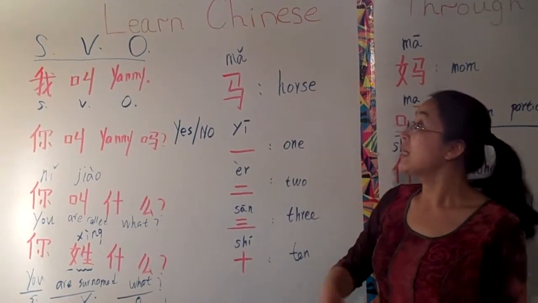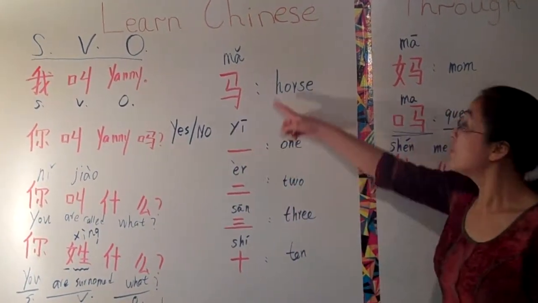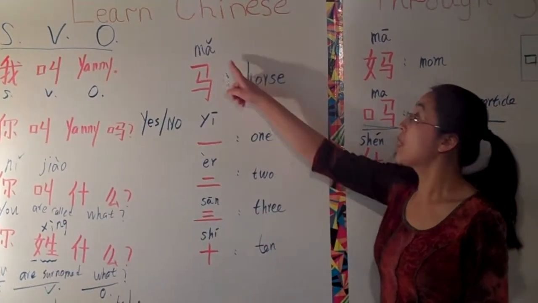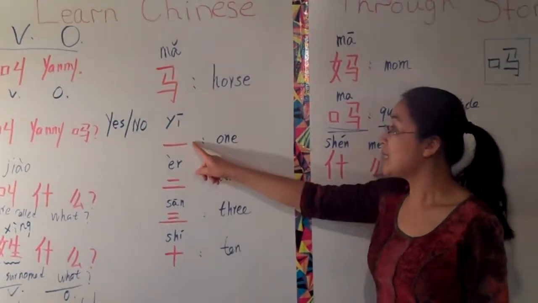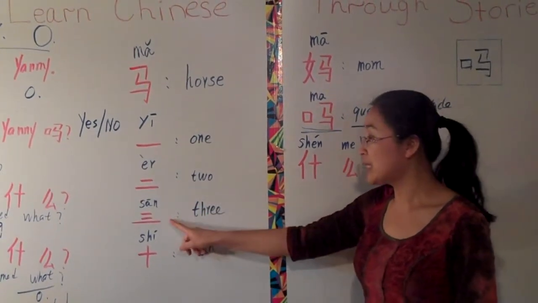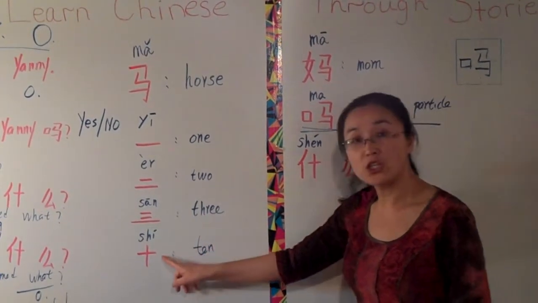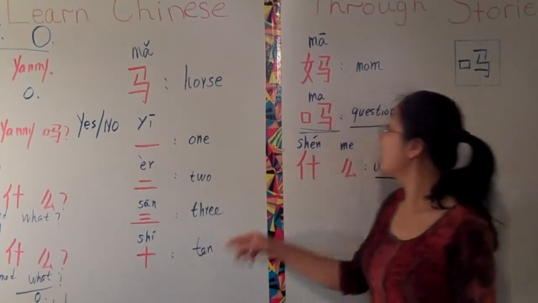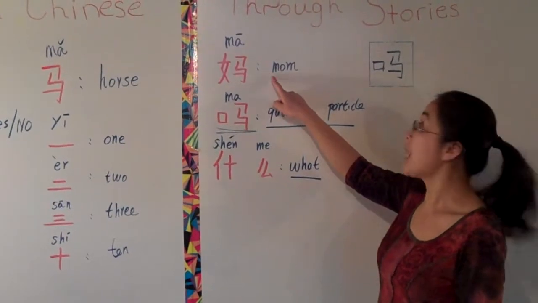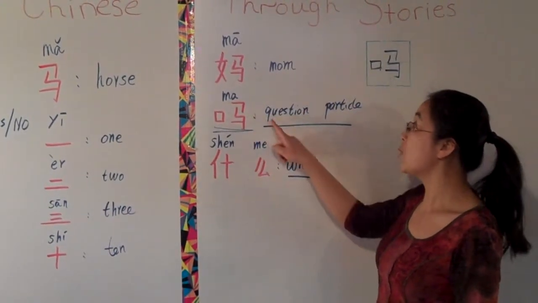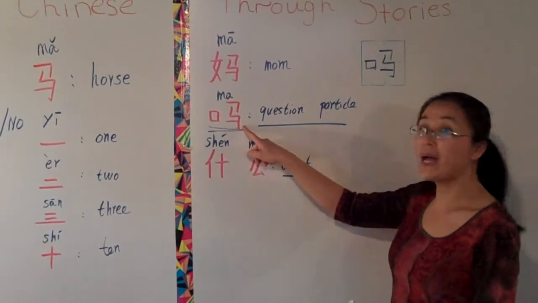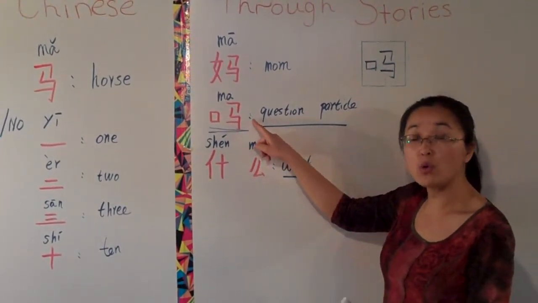Okay, today we learned some new characters. Horse, 马. And we also learned ma, mama, mom, ma, the question particle. We use this question particle ma to ask yes-no questions.